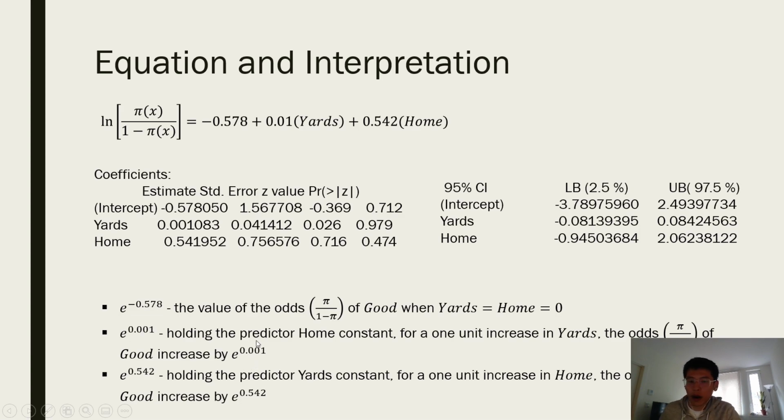This part might be a little bit confusing, so let's first just focus on the logit model, which on the right-hand side is very simple. It's our multiple regression form, and the left-hand side is the logit.